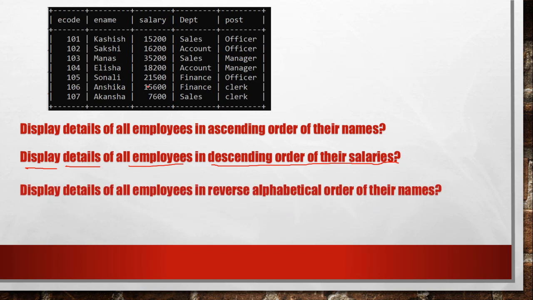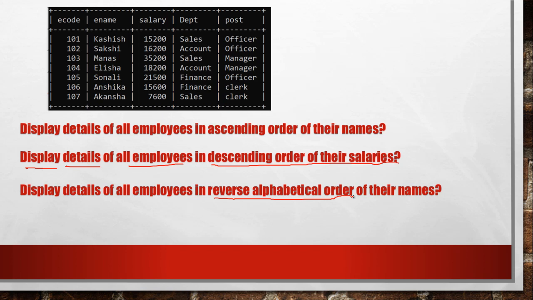Next question, display details of all employees in reverse alphabetical order of their names. Now what is this reverse alphabetical order? Listen to me carefully. If in a question it is given alphabetical order, it means you have to show in ascending order. Alphabetical order means from A to Z, right?